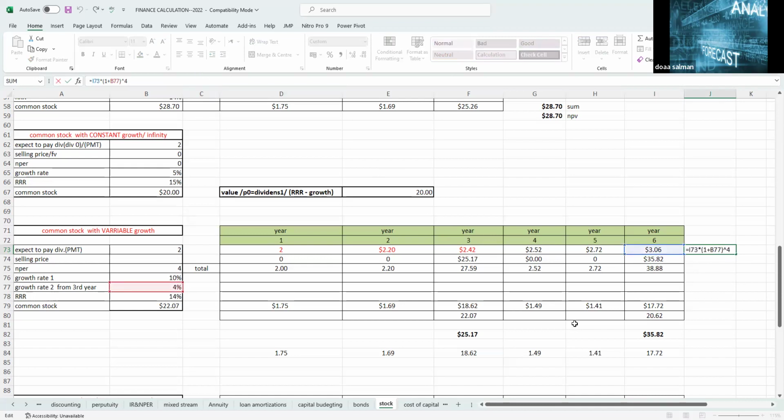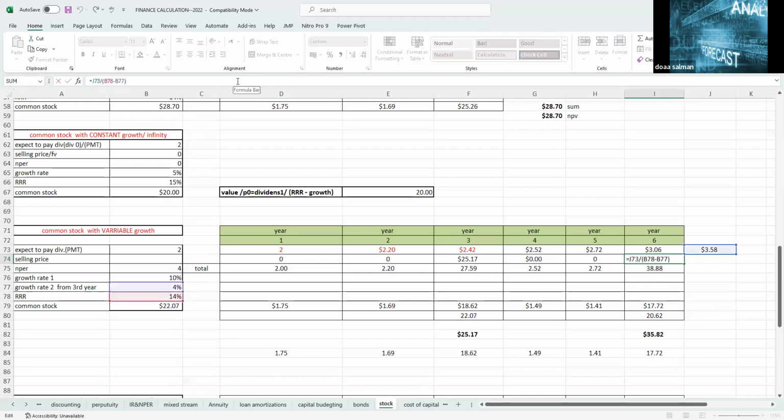Here it is extra data: we mention the growth rate for 3 years, and then from the fourth, fifth and sixth it will be 4%, and then it's going to change for infinity.